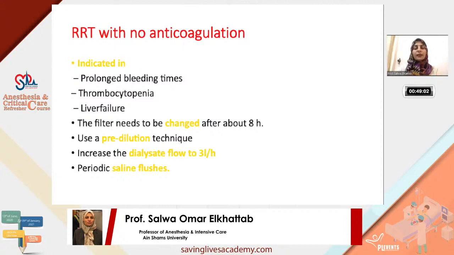But we can also work in the ICU with no anticoagulant. We tell our colleagues in intermittent hemodialysis, for example, that we need heparin-free dialysis if the patient has any coagulopathy, thrombocytopenia, or is at risk of developing major hemorrhage.